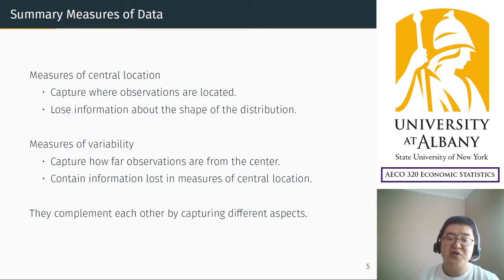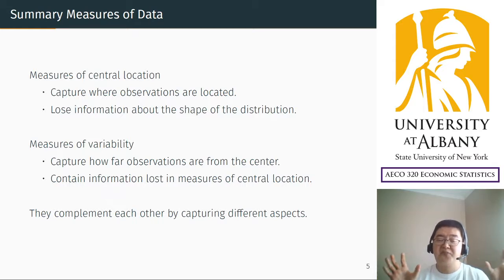That lost information is provided by a measure of variability. It captures how far observations are from the center. So it's about spread, dispersion, or variability, literally variability. This contains the information lost in the measures of central location.